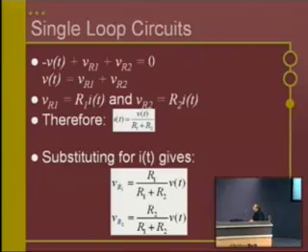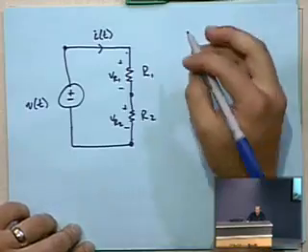So we stick in R1 times I of t and R2 times I of t, simplify the equation a little bit, pull out that common I of t term, and then divide both sides by R1 plus R2. Let's take a look at the math on that real quick, just so it makes sense.